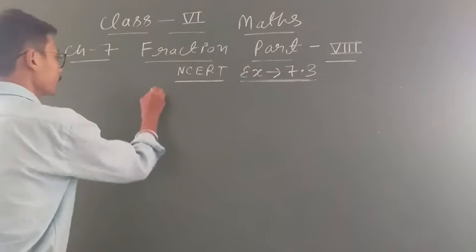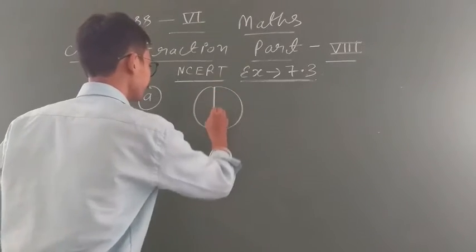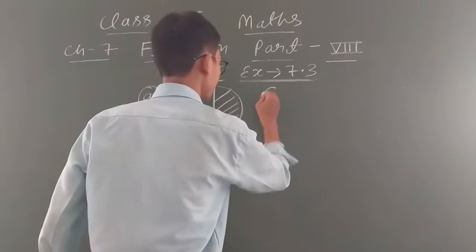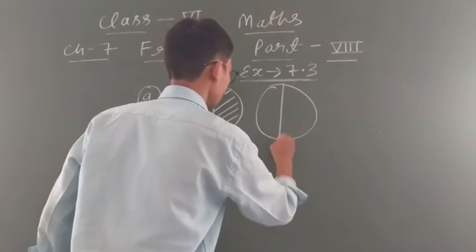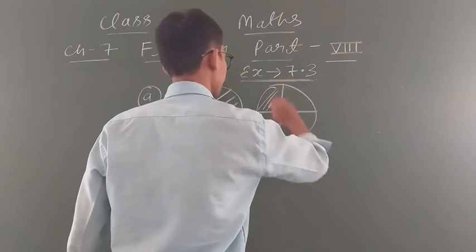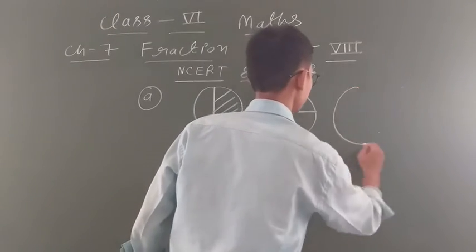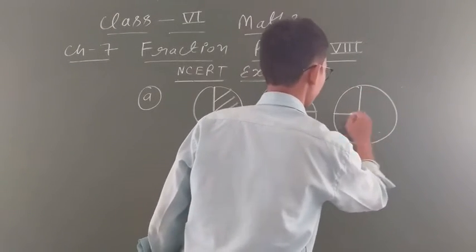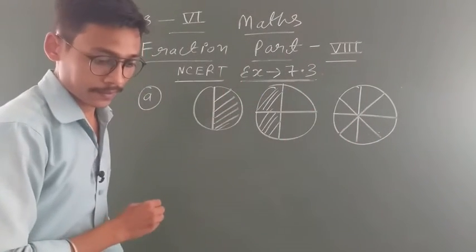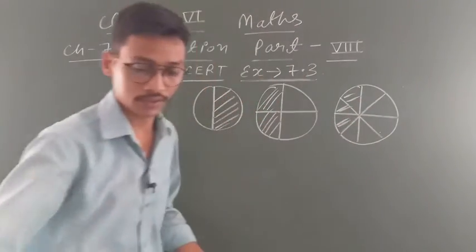So see, student, I am going to explain only one thing in this question. The first diagram is given like that. Okay, student, this one part is shaded. The next diagram is given like that, and its two parts are shaded. The next diagram has 3 parts shaded: 1, 2, 3. One minute, student, this is not the correct diagram.